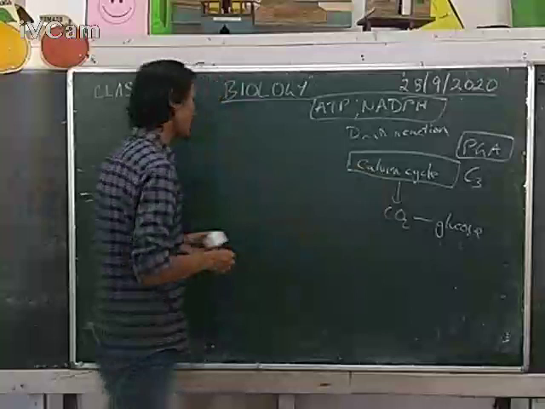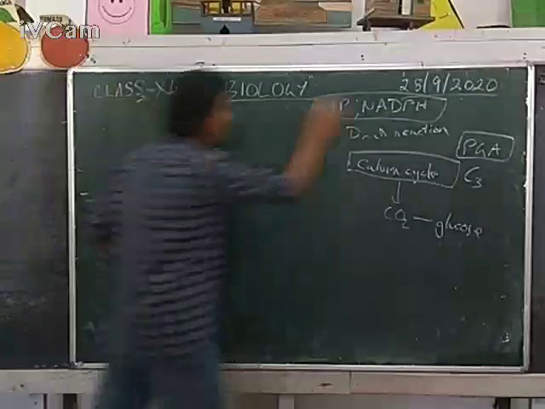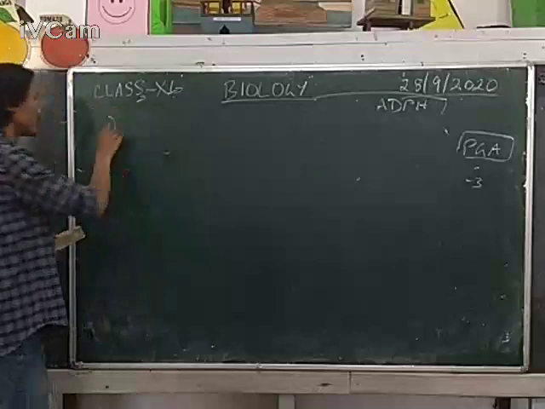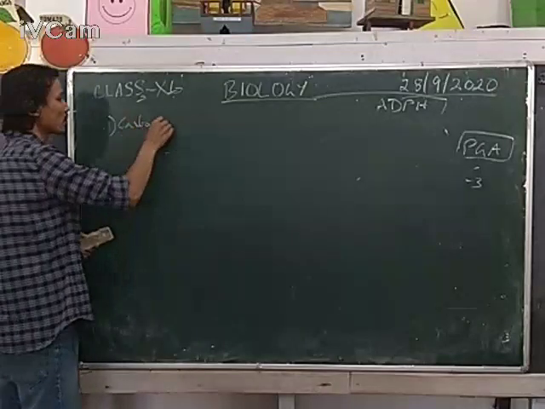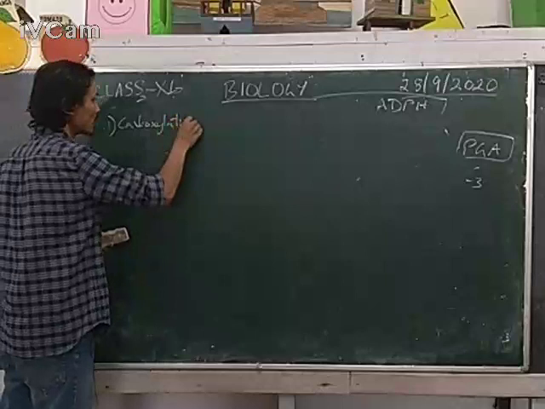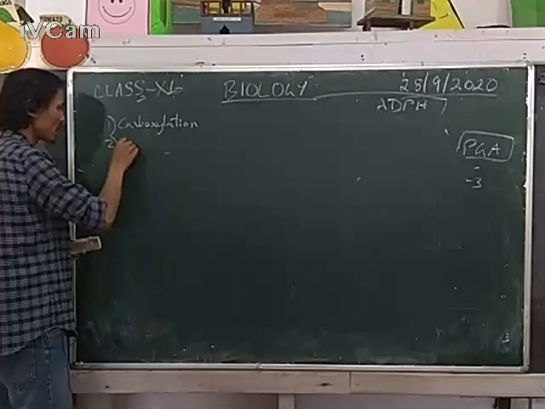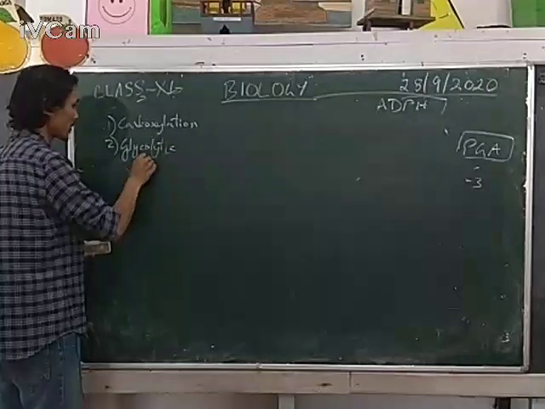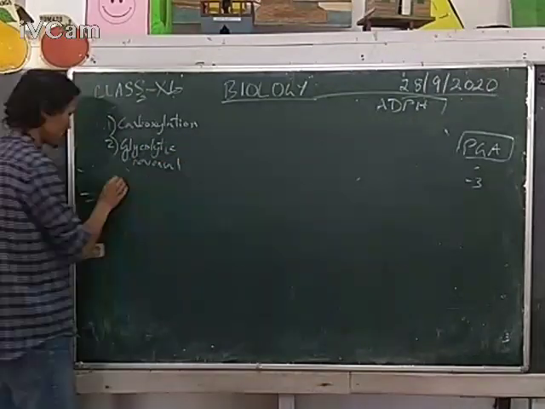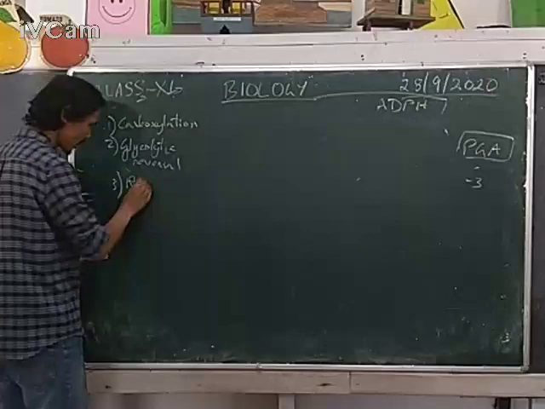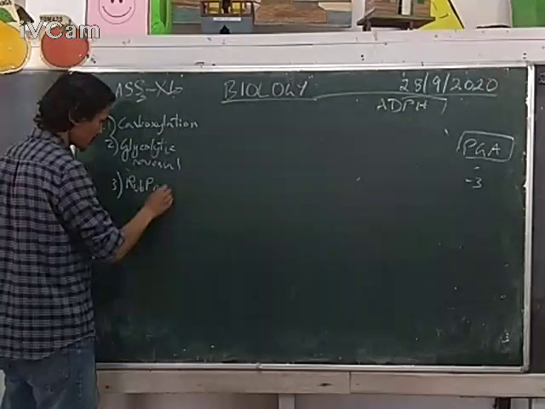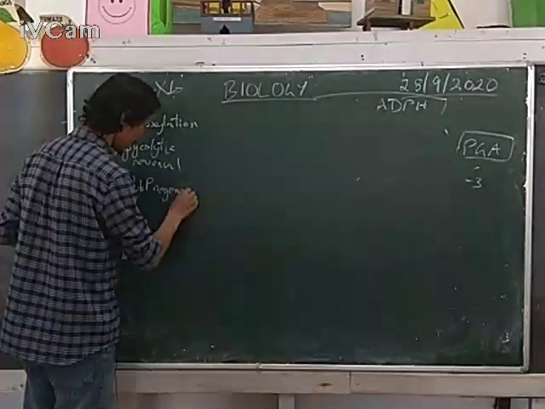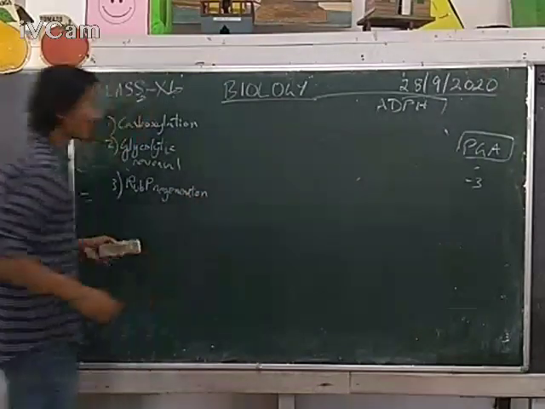Generally in the Calvin cycle, there are 3 steps involved. The first one is carboxylation, the second one is glycolytic reversal, and the third one is RuBP regeneration.